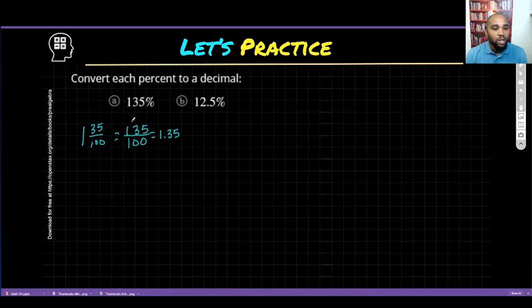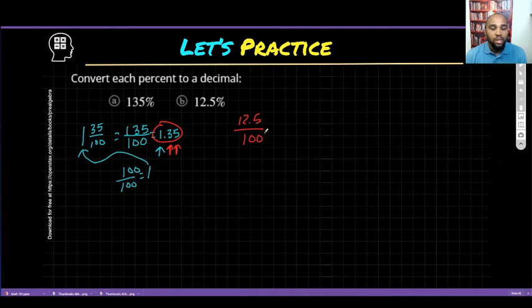Because we have 100 already in this top portion, we have 100 out of 100, so that's one whole. That's where we got this 1 from. How much do we have left up here? We have 35 left, so we have 1 and 35 hundredths. This is the same thing as 135%. So let's try this one now.